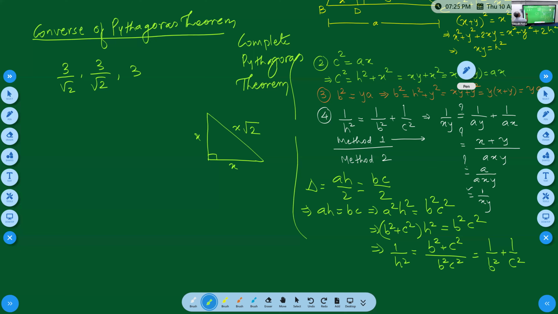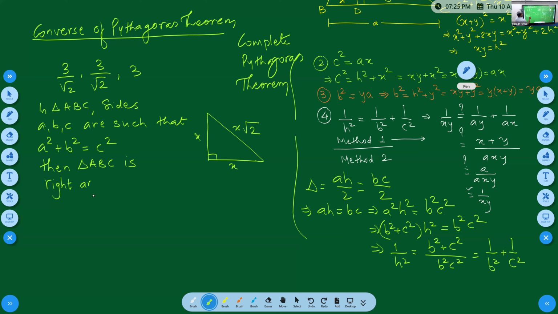So statement: in triangle ABC, sides A, B, C are such that A square plus B square is equal to C square, then triangle ABC is right angle triangle, right angled at C. This is the statement of converse of Pythagoras theorem.